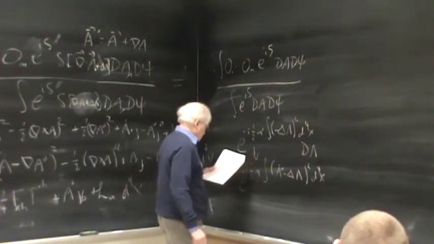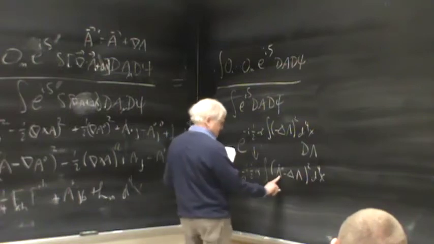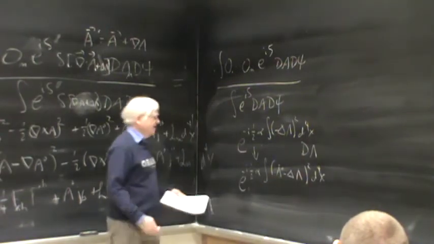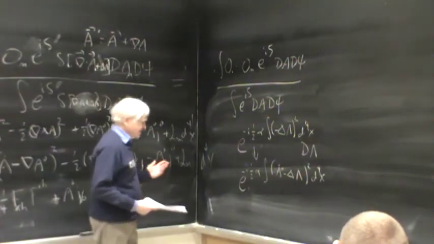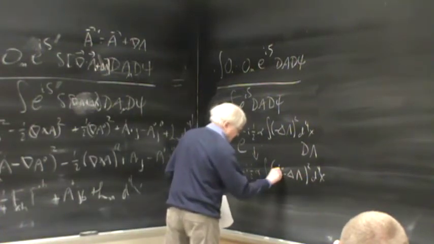Okay, so that is just A0 dot, so this is a number, there's no vector here.